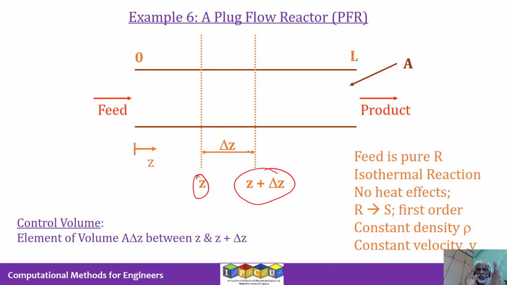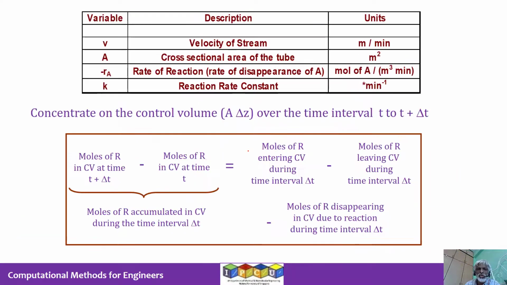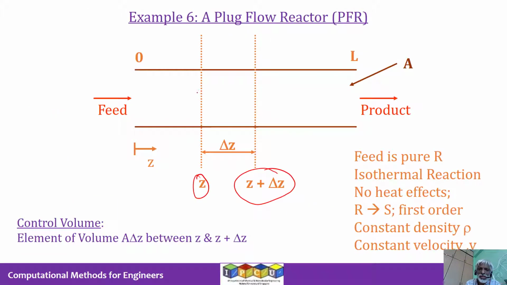So this is where we are going to focus, and as usual, we will focus on this control volume of thickness delta z. That means of volume A delta z. A is the cross-sectional area, so if you multiply by the length of the control volume, you're going to get this A delta z. So this space has this volume A delta z.